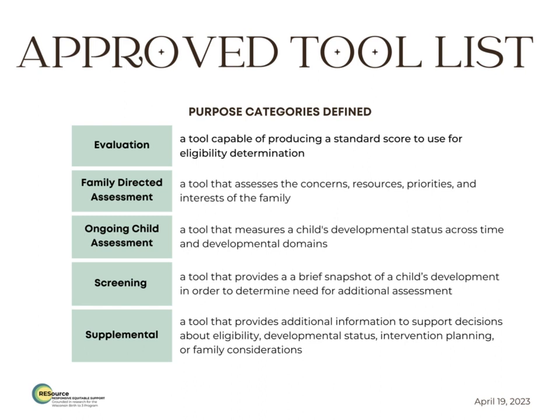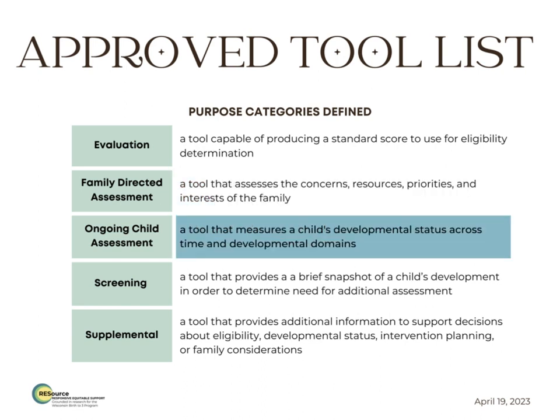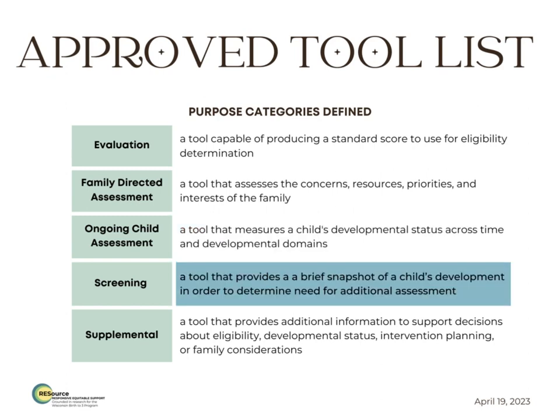The categories chosen by the R2PP team include evaluation. These are tools capable of producing a standard score for use and eligibility. Family-directed assessment, tools that address the concerns, resources, priorities, and interests of a family. Ongoing child assessment are tools that measure developmental status of a child across time and domain.